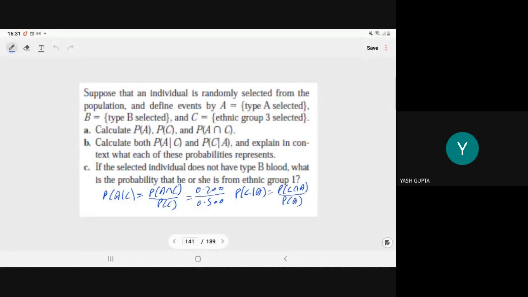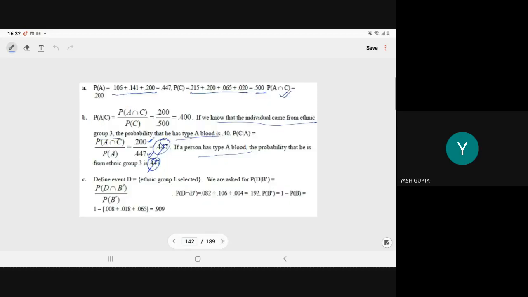conditional probability. Now part C: if the selected individual does not have type B blood, what is the probability that he or she is from ethnic group 1? So now we are talking about ethnic group 1.